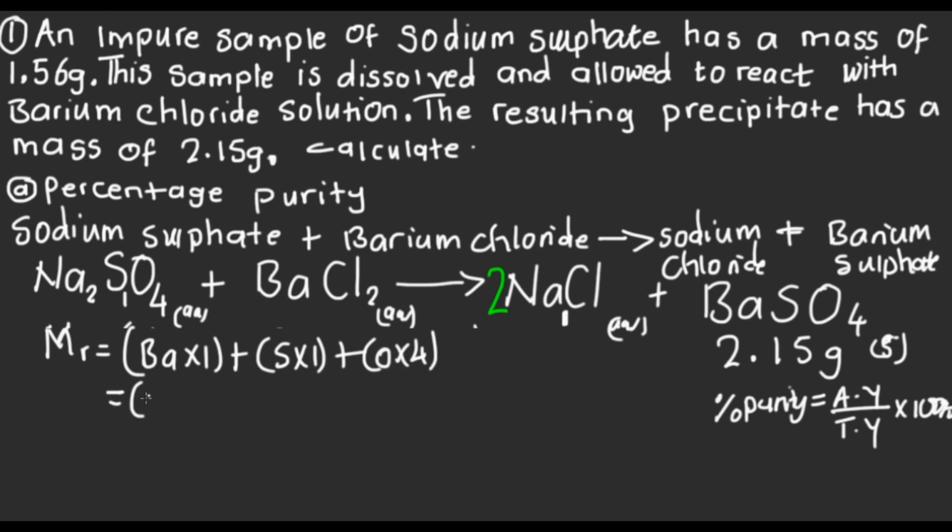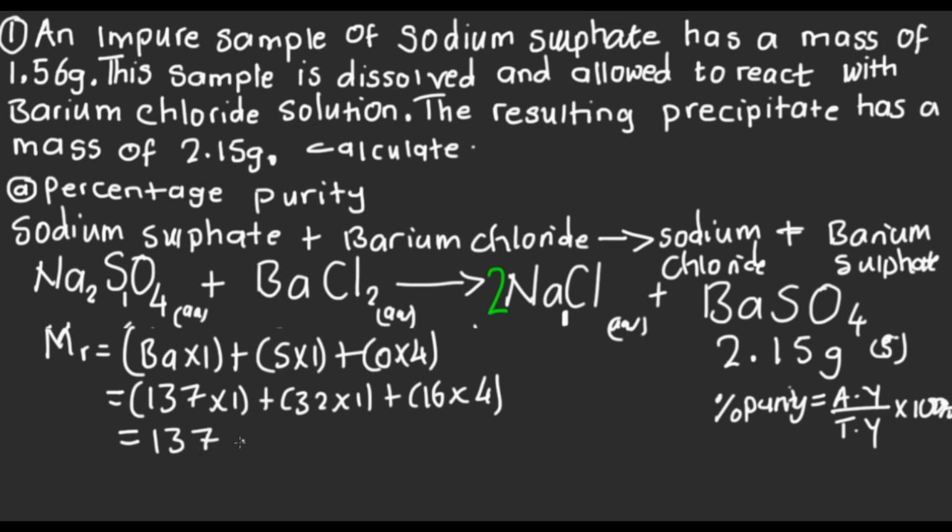So barium has the mass number of 137 times 1. Sulfur is 32 times 1, plus oxygen 16 by 4. So 137 by 1 is 137, plus 32, plus 64.